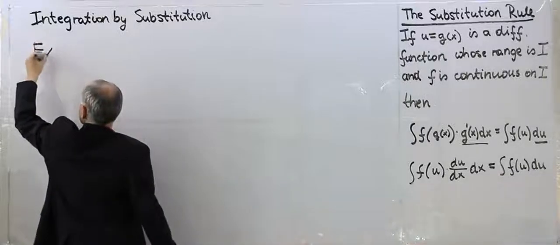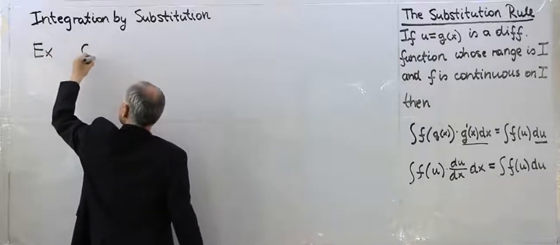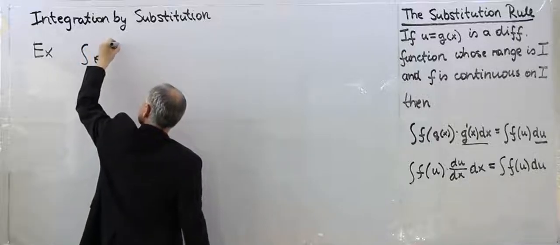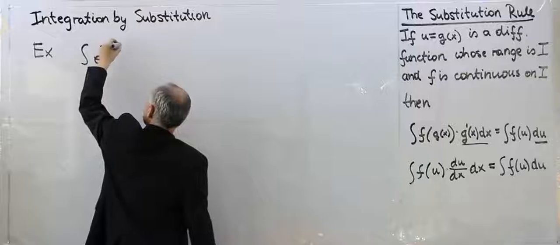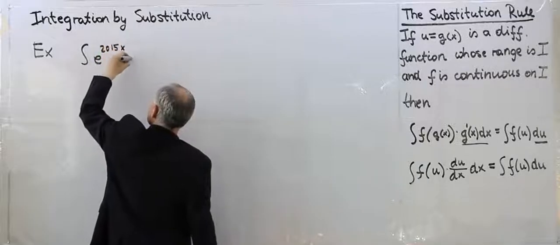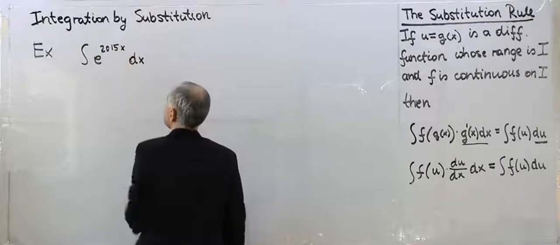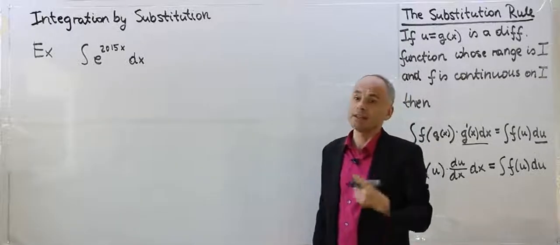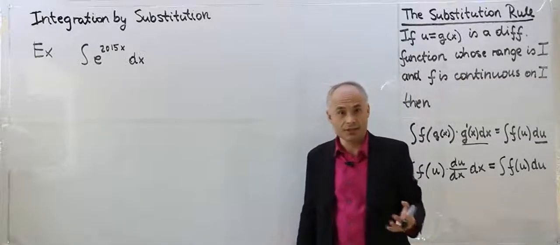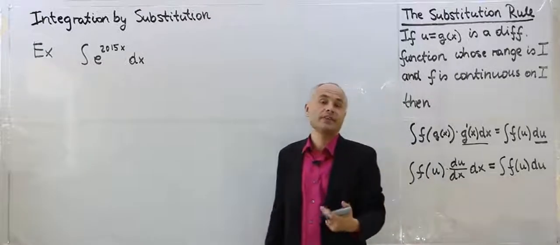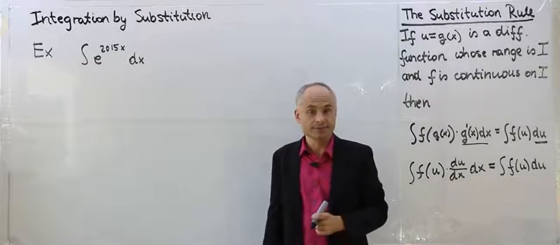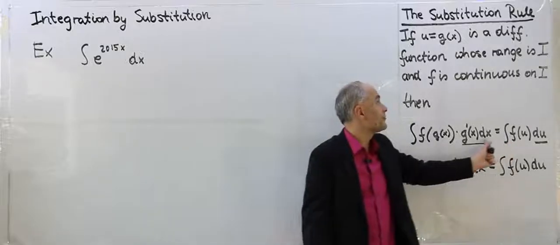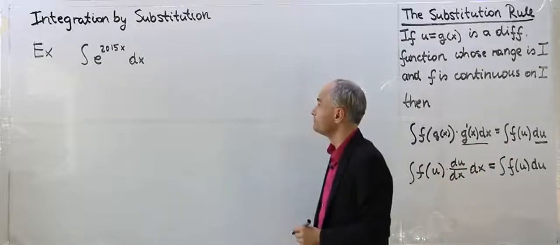In our next example, we integrate e to the power 2015x dx. And this time I will treat du and dx as if they were separate variables. And again, I can do that because of the statement of the substitution rule.